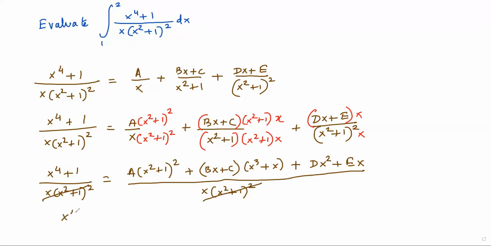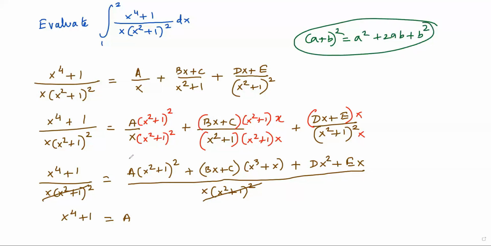So I get x⁴ + 1 is equal to a times... I can expand this (x² + 1) the whole square using the algebraic identity, that is (a + b) the whole square is equal to a² + 2ab + b². So using this algebraic identity, I can expand the square of this binomial.